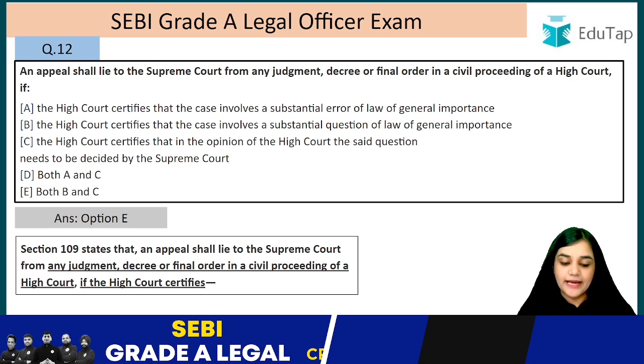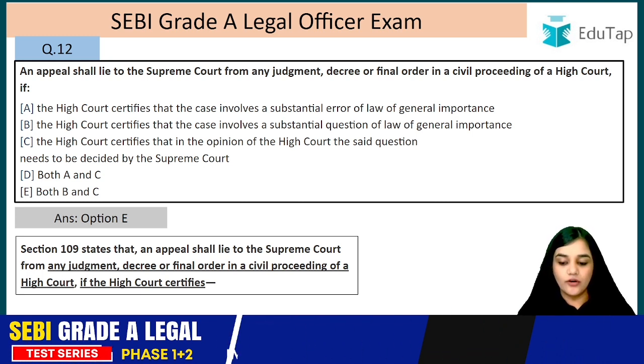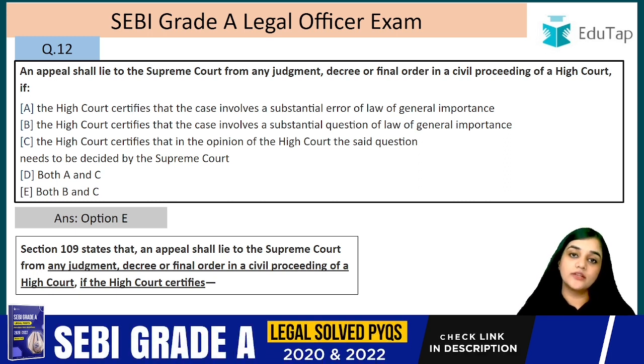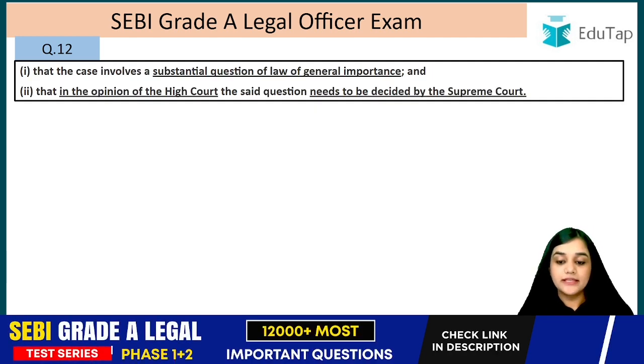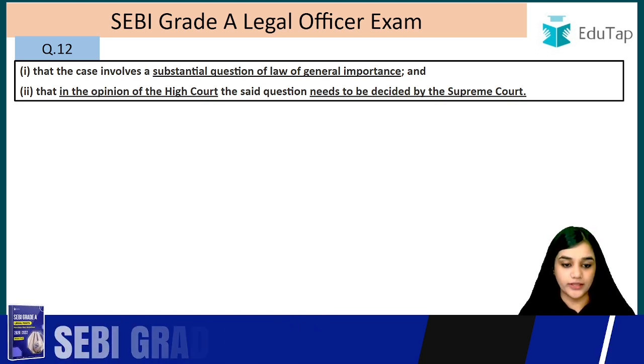An appeal shall lie to the Supreme Court. Talking about an appeal that lies before the Supreme Court, from any judgment, decree or final order in a civil proceeding of the High Court if the High Court certifies. So the only condition is that the High Court has to certify that the case involves a substantial question of law of general importance, right?